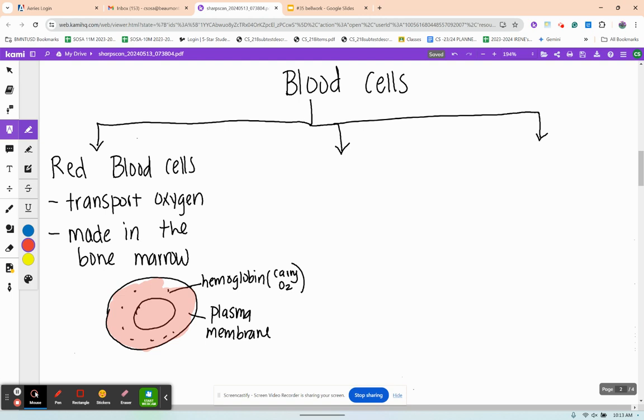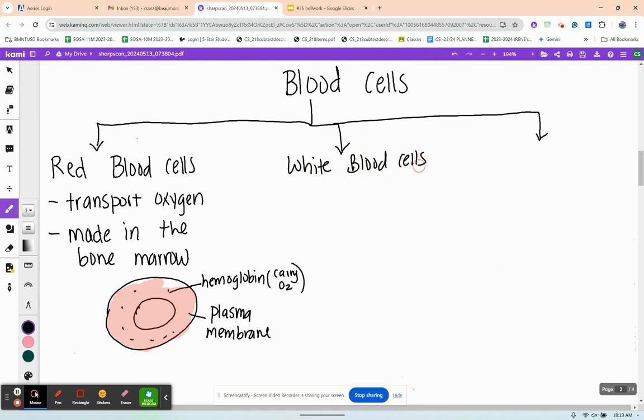All right. Then we have our white blood cells or our leukocytes. These pretty much guard against infection, fight parasites, and attack bacteria.